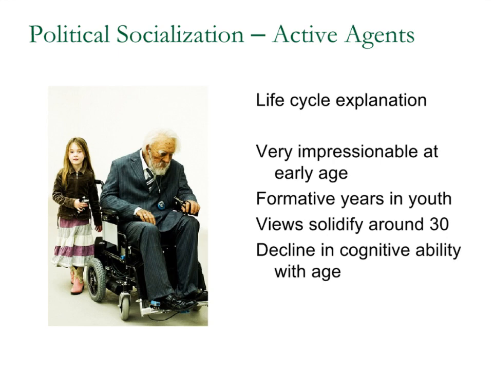Now, the reason that we have those legal structures put in place is it's a recognition that vulnerability develops because of this decline in cognitive and physical abilities as we age. So this notion that our socialization varies as we go through life is a life cycle explanation of socialization.